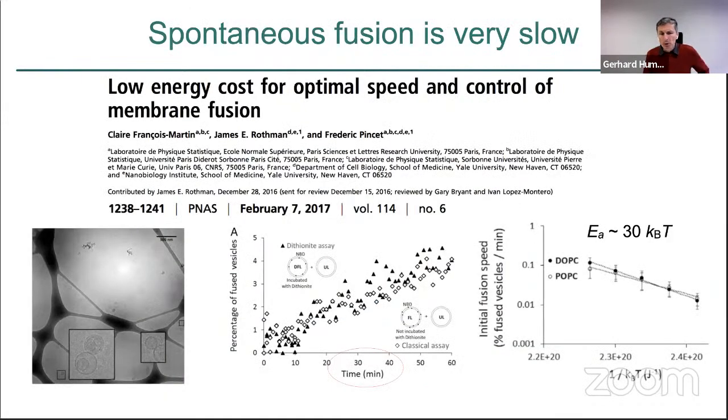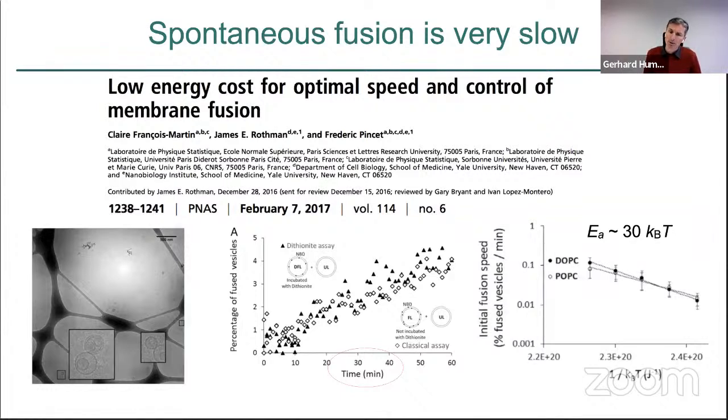Fusion, however, as most of the people here will know, is a very slow process because lipid bilayers tend to repel each other, partly because of electrostatics, and also for other reasons. So they're already difficult to bring into close spatial proximity.